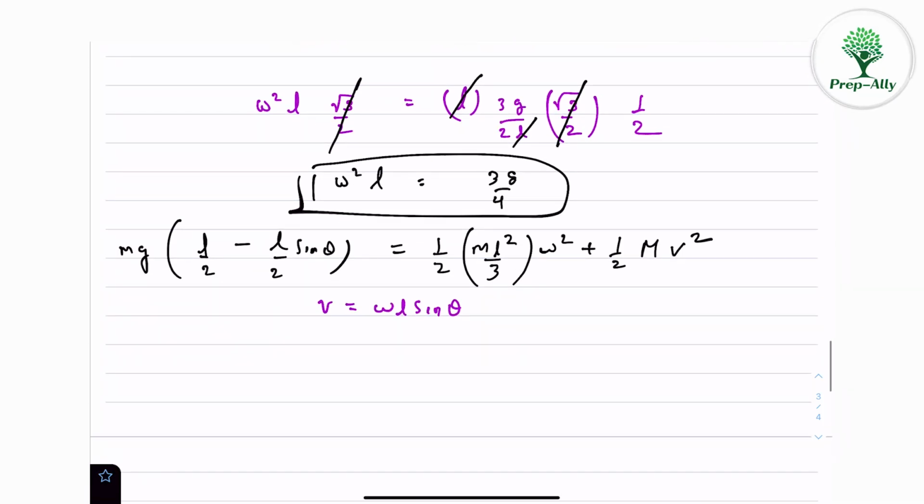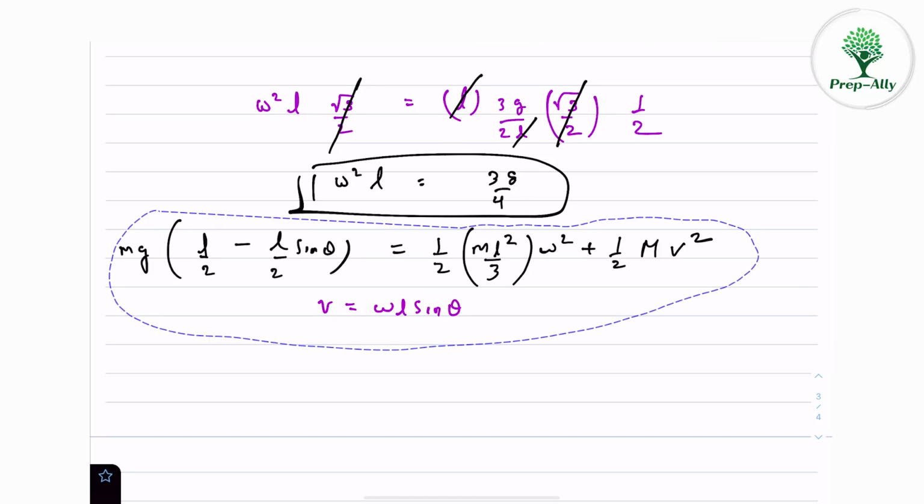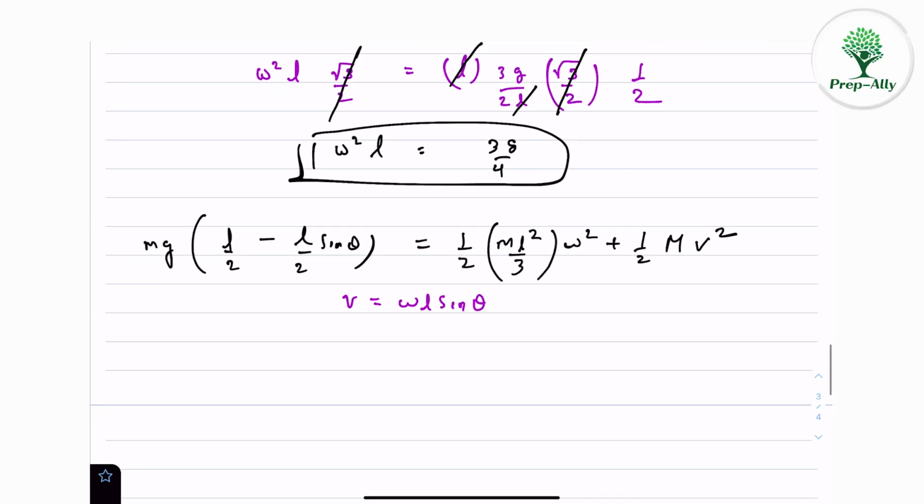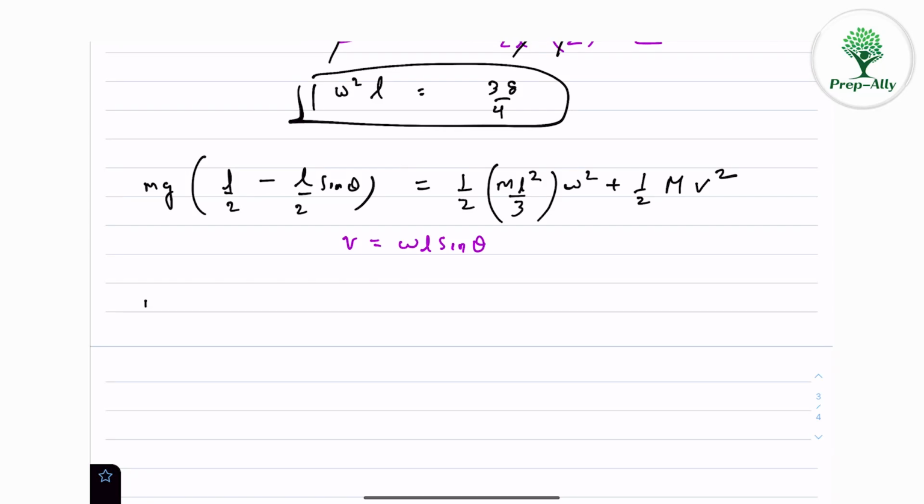Now omega square L is 3g by 4 at the moment of contact breaking, which is at theta equal to 30 degree. So mg into L by 2, 1 minus sine of 30 degree, half, ml square by 3. What is omega square?